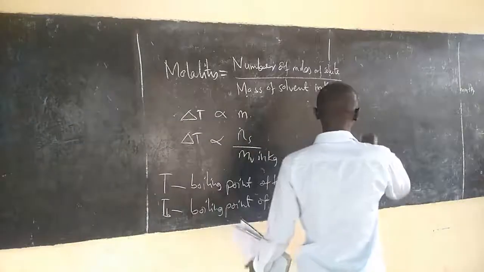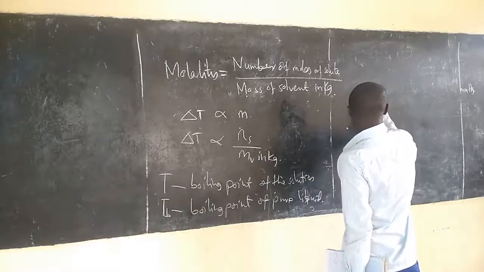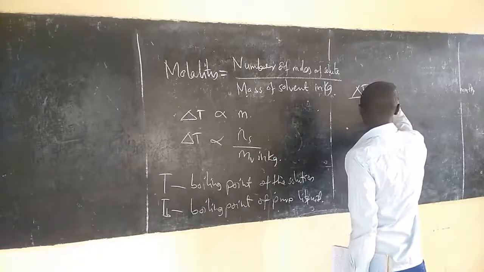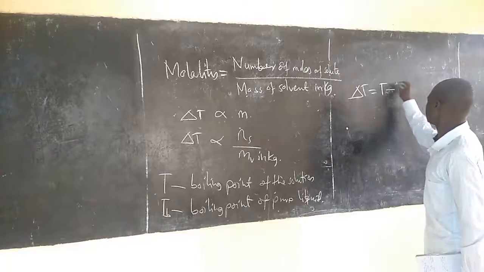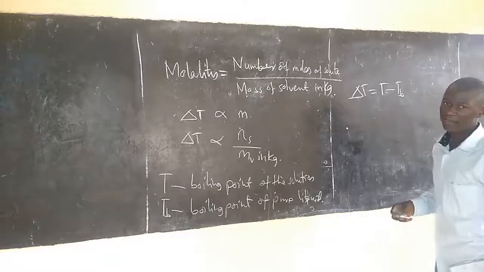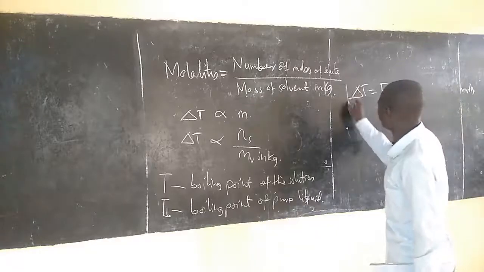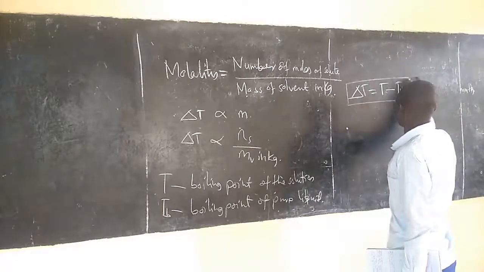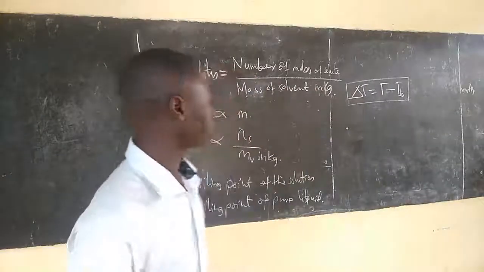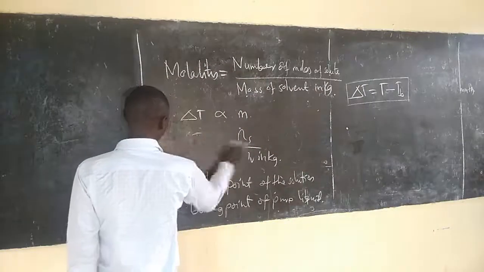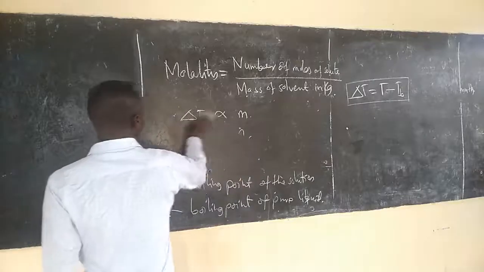So change in temperature will be equal to temperature ile kubwa ambayo ni boiling point of the solution minus TB, ambayo ni temperature of the pure liquid. So hiyo ndio itakuwa change in temperature. Boiling point of the solution minus boiling point of the pure liquid.